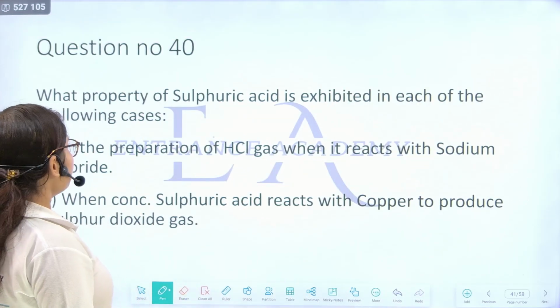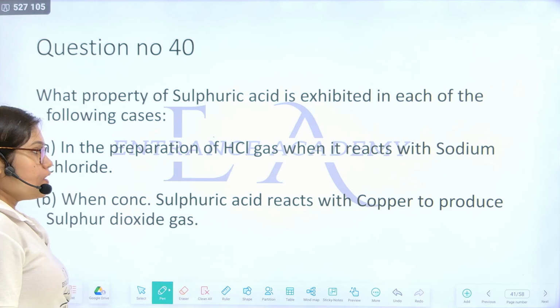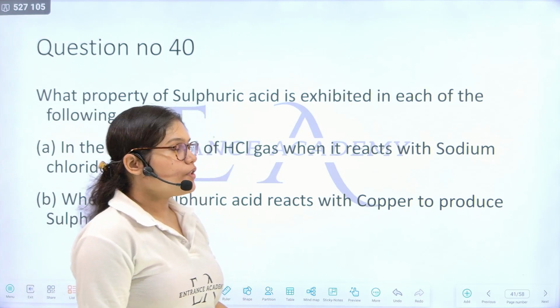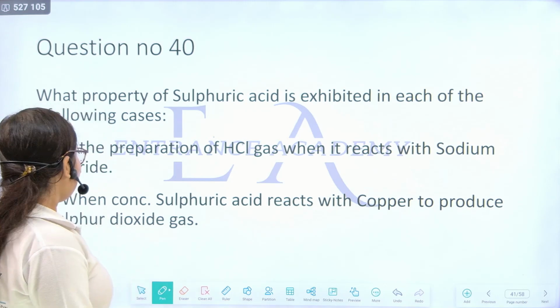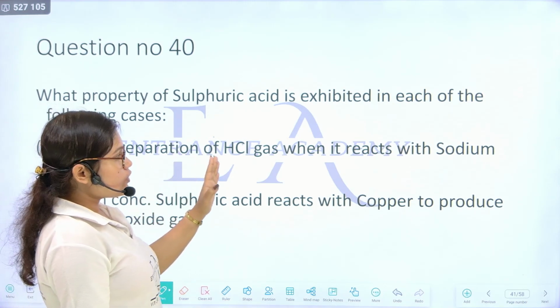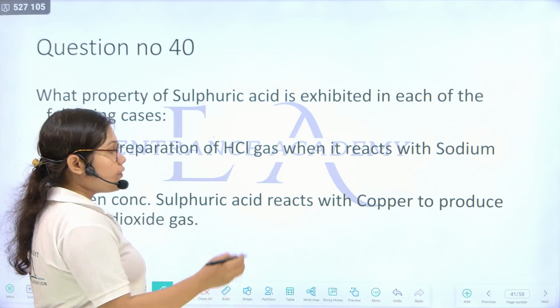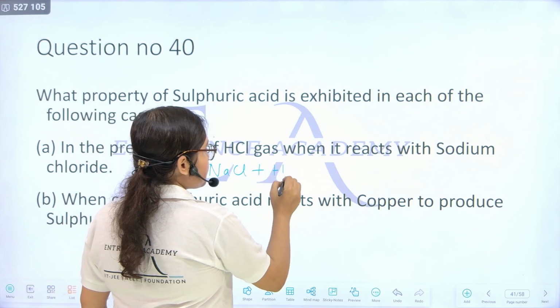Next question. What property of sulfuric acid is exhibited in each of the following cases? Sulfuric acid is one of the most important chapters, and we need it to prepare many things. In the preparation of HCl gas, sodium chloride reacts with sulfuric acid.